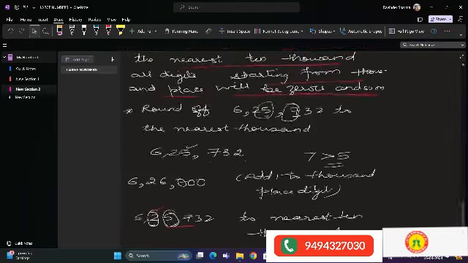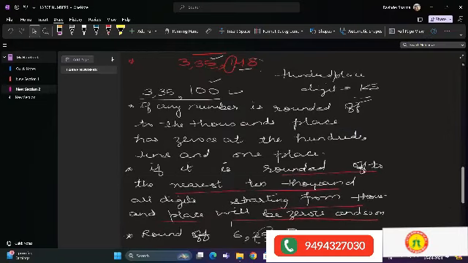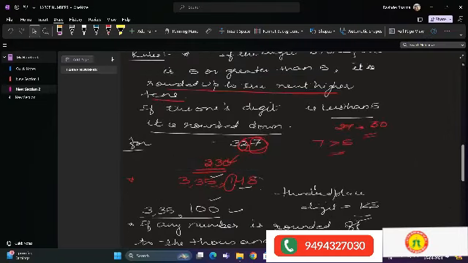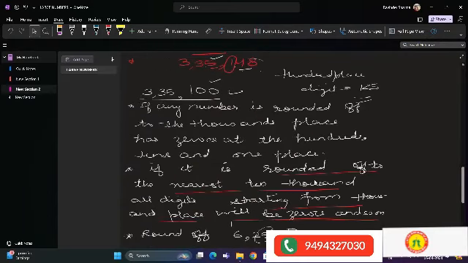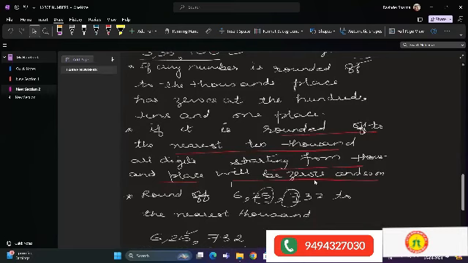Please note this property, hurry up. This is quite important. Yes, beta, keep it as rule 2. If any number is rounded off to the 1000 place, note both the properties with the example also.